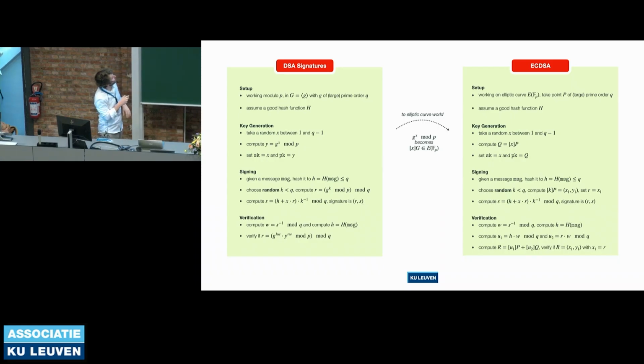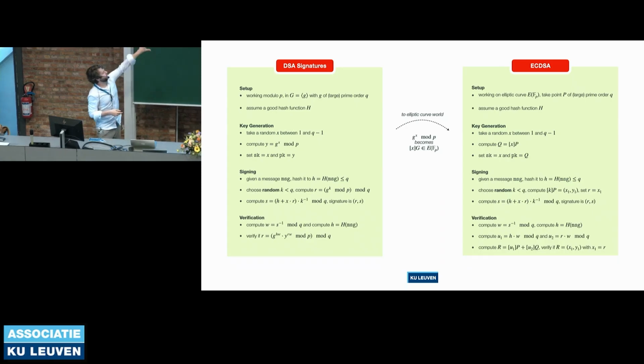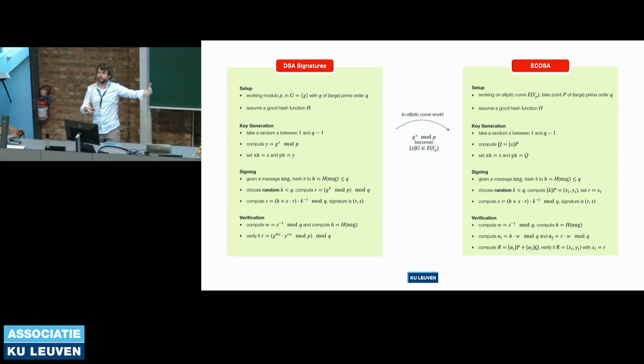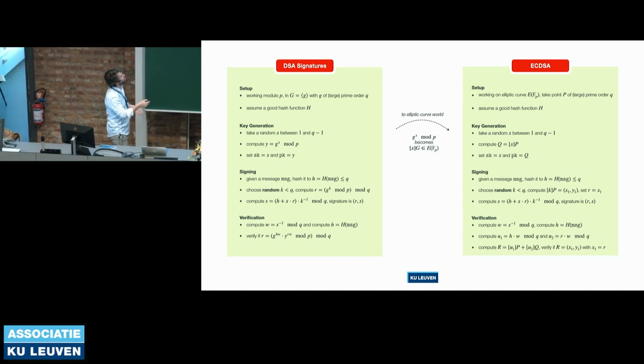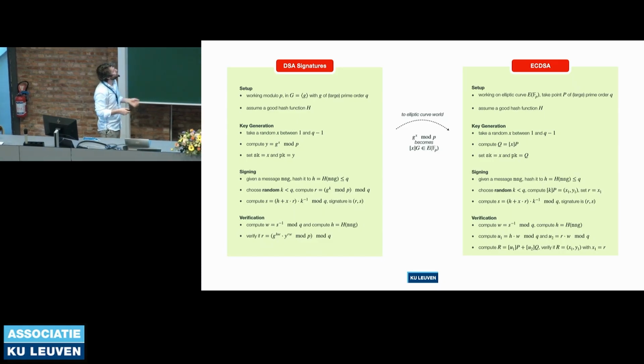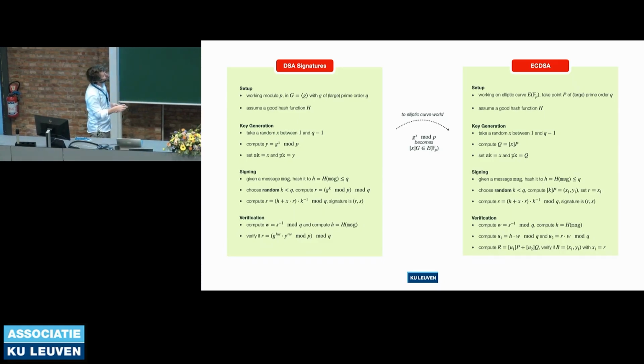U1 is going to be H times W. U2 is going to be R times W. G is the original point, which is just going to be this point P, and the public key is going to be this Q. So if you believe this part, translating it to the elliptic curve is maybe more difficult if you look at elliptic curves as difficult mathematical objects, but the protocol itself is really very straightforward, a copy-paste essentially. And you verify it again if your X1 agrees between these two values.